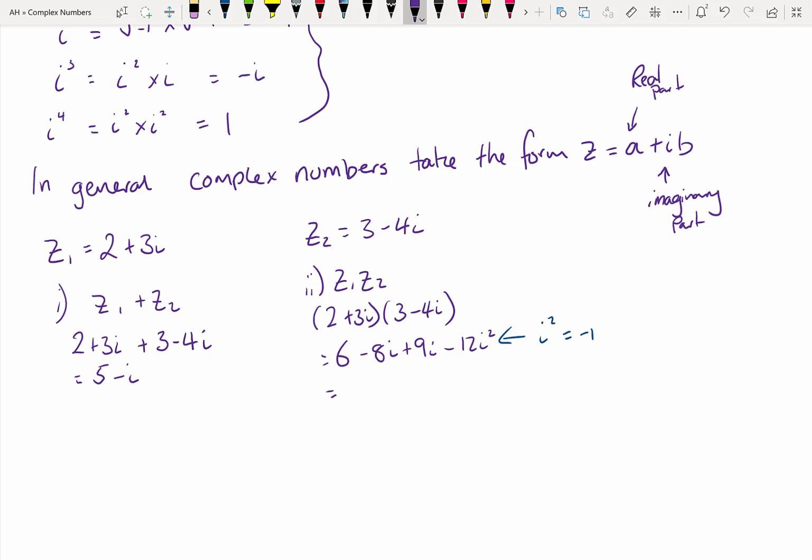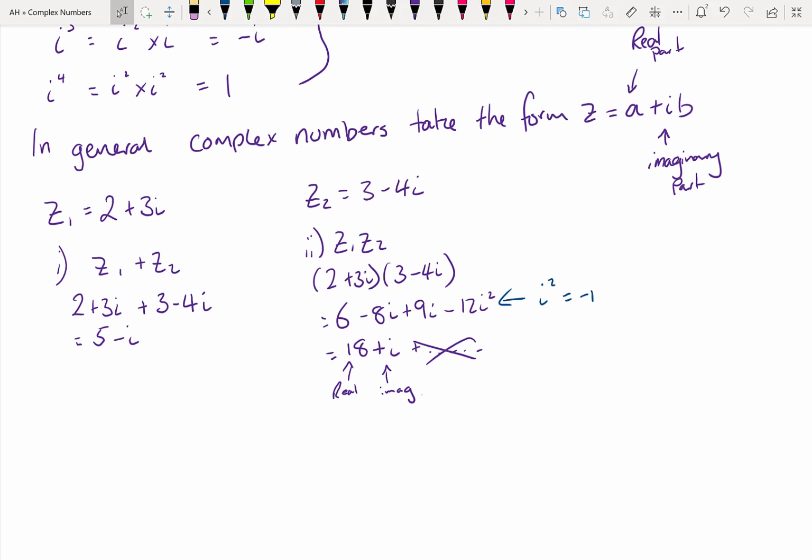So we can tidy it up, and we're going to find that we get 18 plus i. And so when we're dealing with it, our answer should always take the same form. You should only ever have a real part, which is 18, and my imaginary part, which is just i here. Okay, there should be no other bits. Real part, imaginary part.